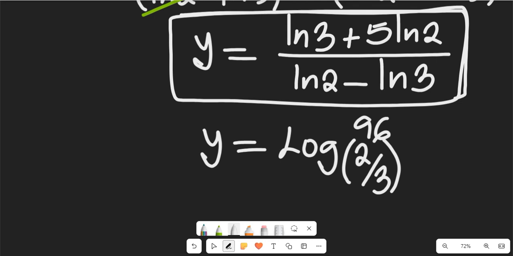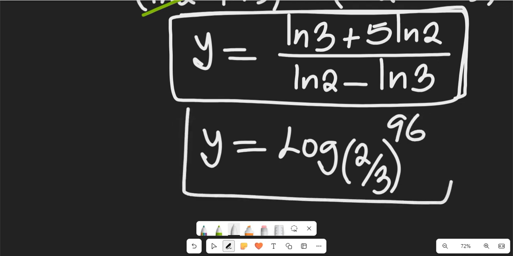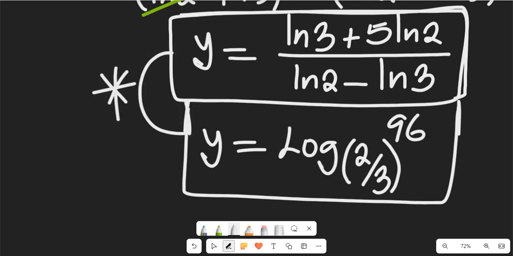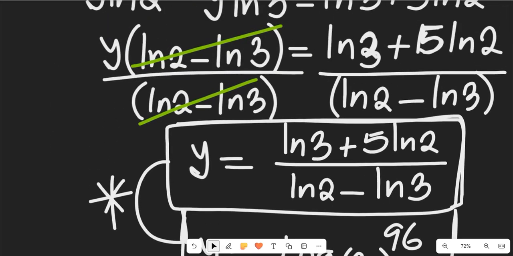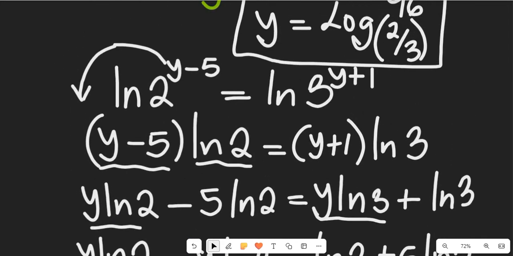Now if you simplify this, you're going to find out that this gives you the same result as this. And then you can see that the solution given to us is the same, definitely using the first method and the second method.